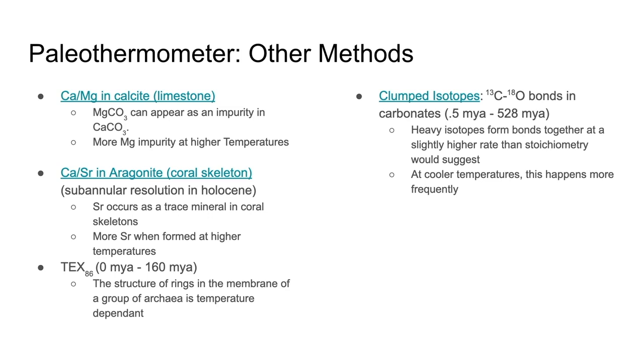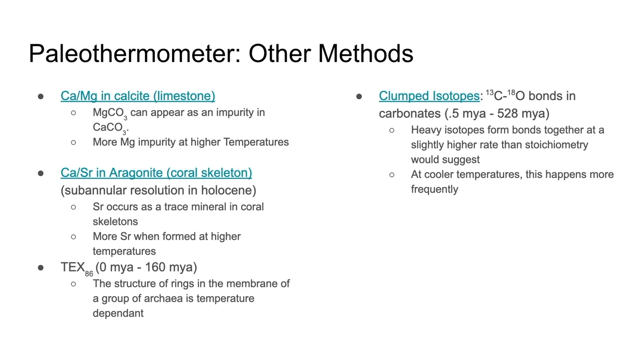And if we want to go back to long periods of time, to the beginning kinds of multicellular life, we can look at clumped isotopes. In this, we're looking at bonds between carbon-13 and oxygen-18 in carbonates. These heavier isotopes, carbon-13 being heavier than carbon-12, which is the predominant species of carbon, and oxygen-18, which is heavier than oxygen-16, our predominant species of oxygen, form bonds together at higher rates than you would expect to happen by chance.